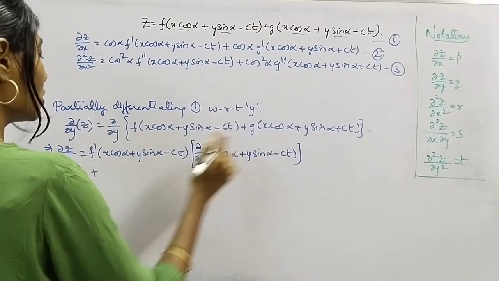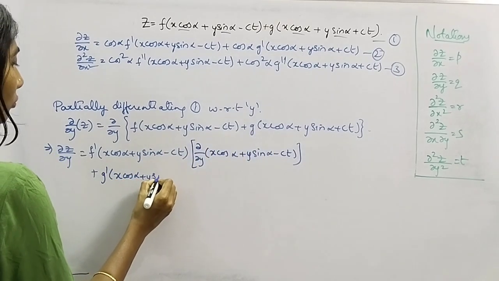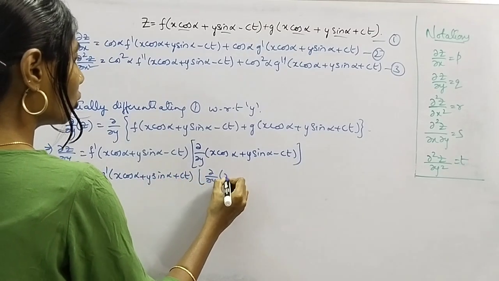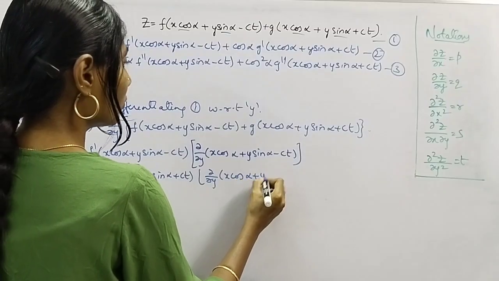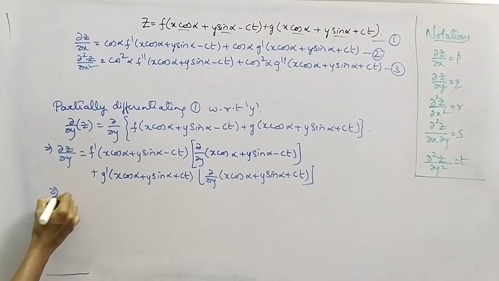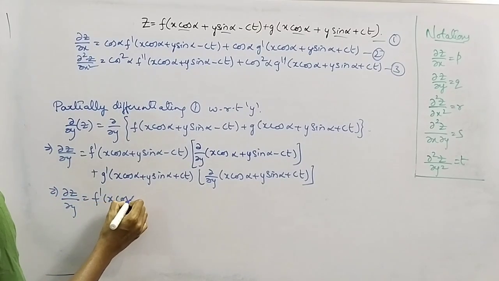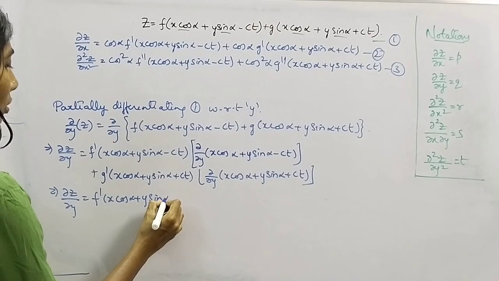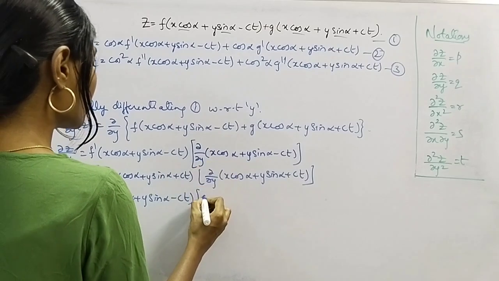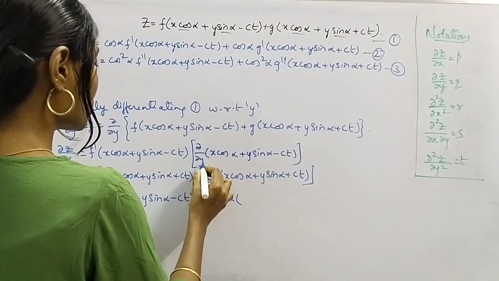Okay, plus partial derivative of g is g dash into inner derivative dou by dou y of x cos alpha plus y sin alpha plus ct. Okay, this gives us dou z by dou y equal to f dash of x cos alpha plus y sin alpha minus ct into partial derivative of x cos alpha with respect to y is 0 plus sin alpha into partial derivative of y with respect to y is 1.